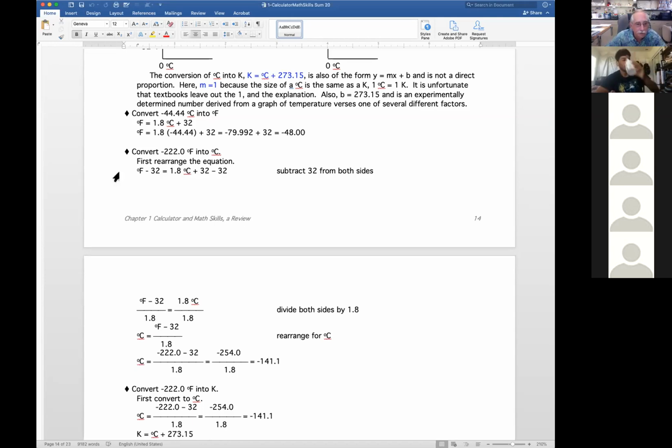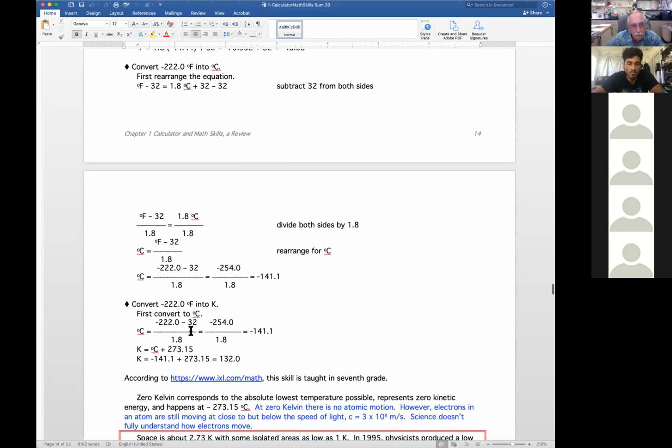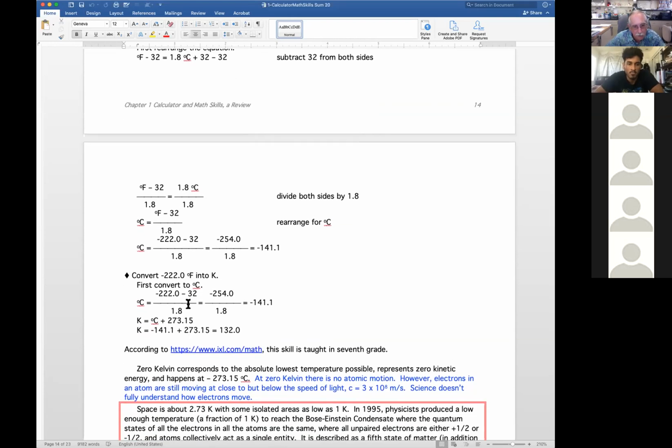So I would say simply get this right here and then put your numbers in. Okay, so simple algebra. Now I'm substituting negative 222. Notice you have a negative, then you're subtracting 32 from it. You get a negative number. Then when you divide by 1.8, it's still a negative number.